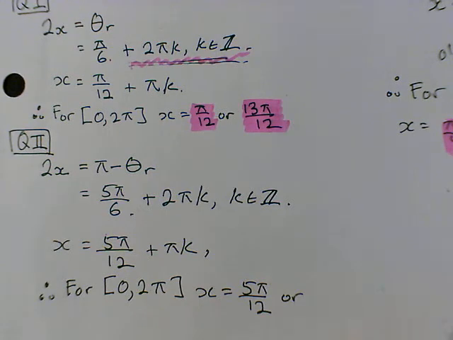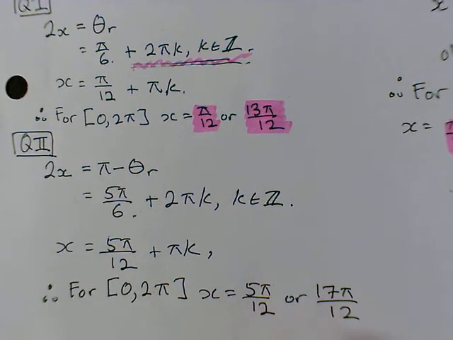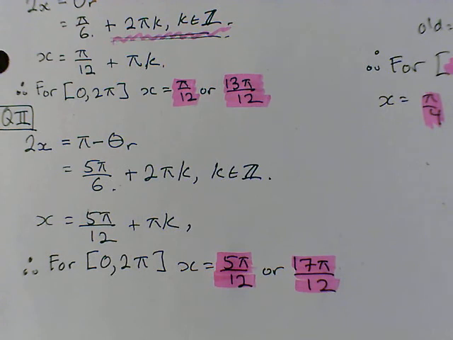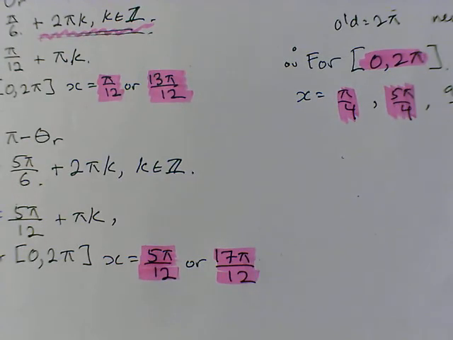Add an extra pi, it becomes 17. So if I were to group all that together, you have 6 different answers. Look at all the pinks. That one question has 6 different answers.